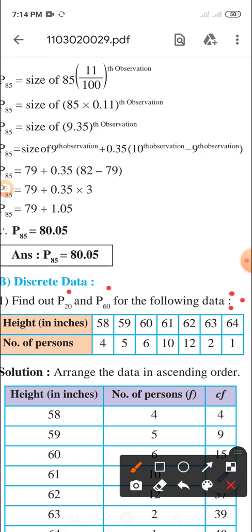The data is height in inches: 58, 59, 60, 61, 62, 63 and 64. Number of persons, or f: 4, 5, 6, 10, 12, 2, 1.